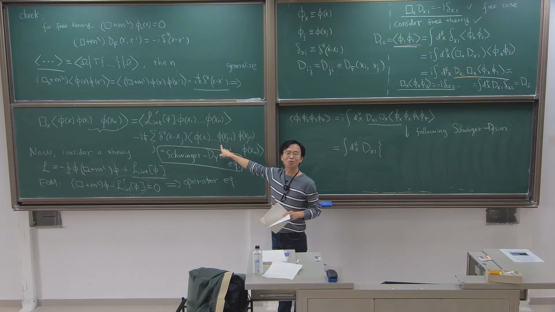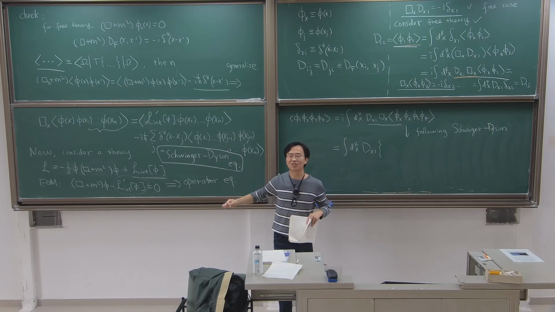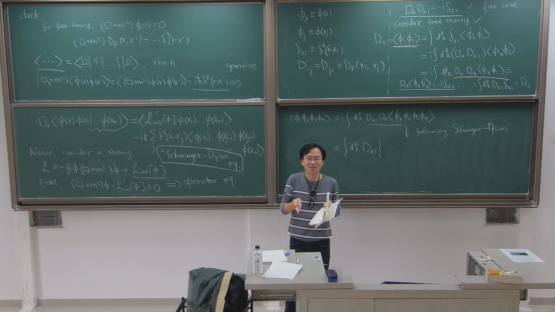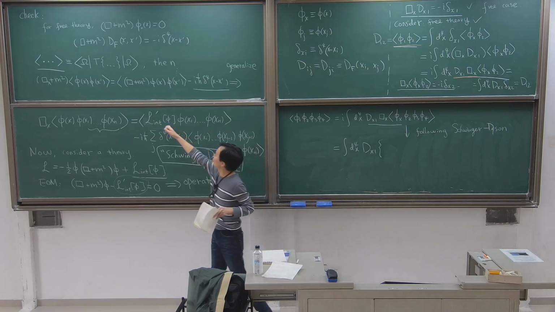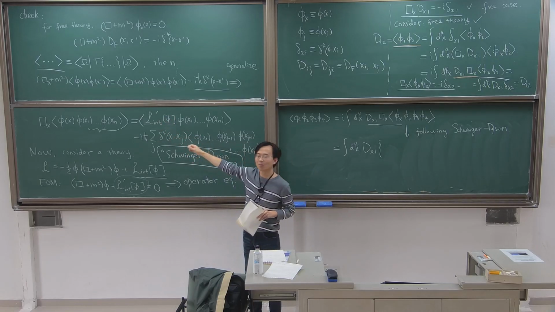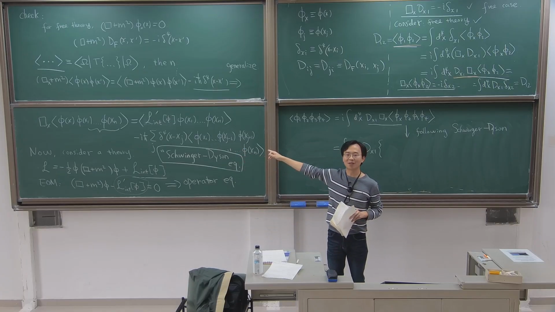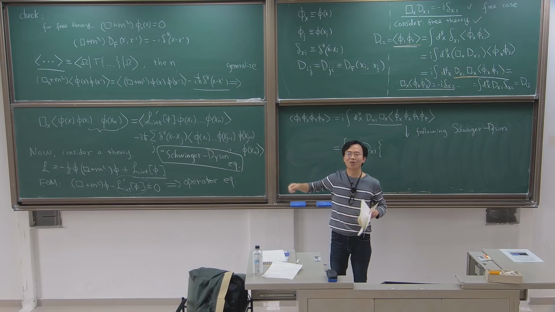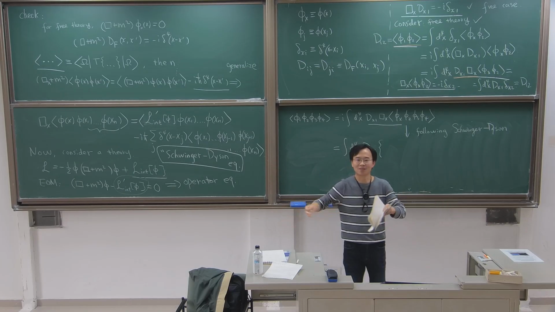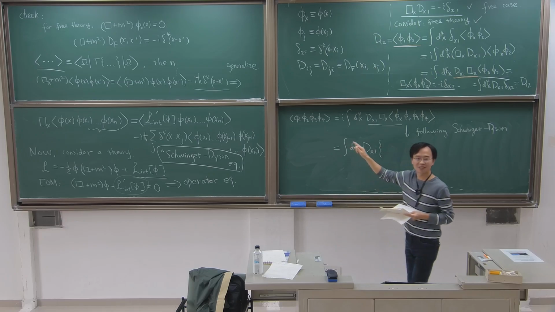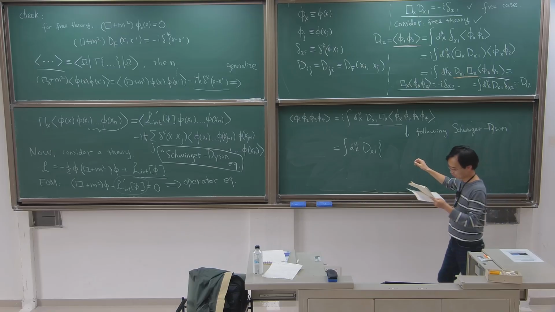Now I'm trying to play the game for the higher point insertions, which is a 4-point function. But I don't want to complicate the job too much. I want to first restrict to the free case, which means for the Schwinger-Dyson equation, this term becomes trivial. But this sum is not trivial. The sum depends on it: if you have higher points, then you have many sums. Even in the free case, there is a non-trivial sum.